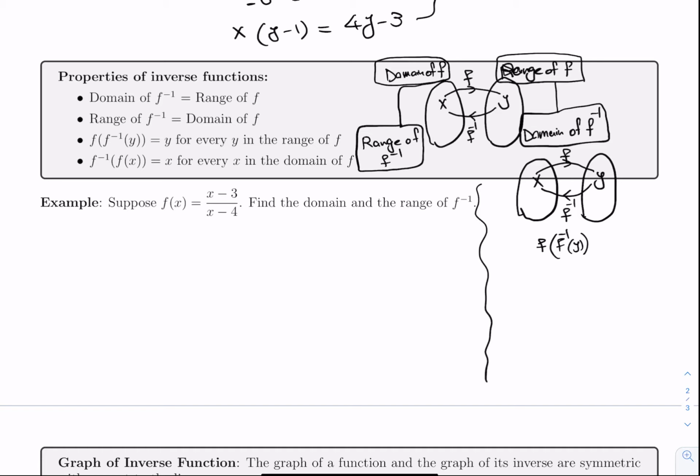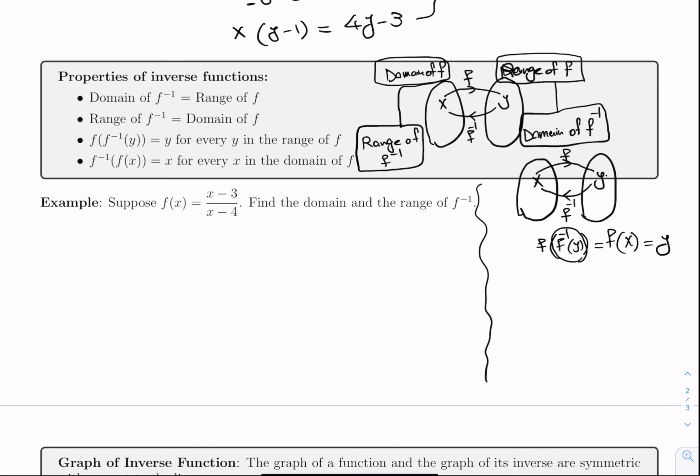F inverse of y, according to this sketch, equals x, so I will replace f inverse of y with x. Now f of x equals y.